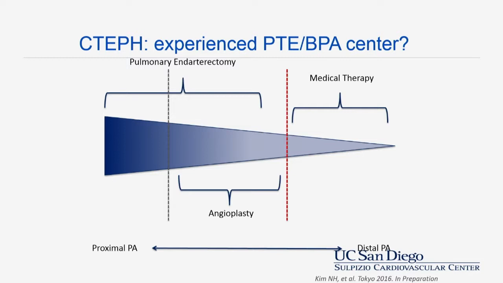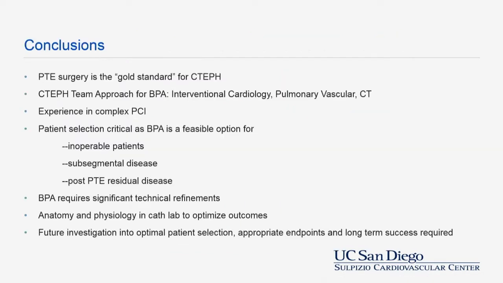The more distal the disease is likely the patients who have some benefit from medical therapy. However, there are patients who have not purely lobar, but segmental disease that might be perfect or ideal for angioplasty, and these are the patients who are probably set up for a randomized trial between pulmonary endarterectomy and balloon pulmonary angioplasty. So in conclusion, PTE surgery remains the gold standard for chronic thromboembolic pulmonary hypertension.